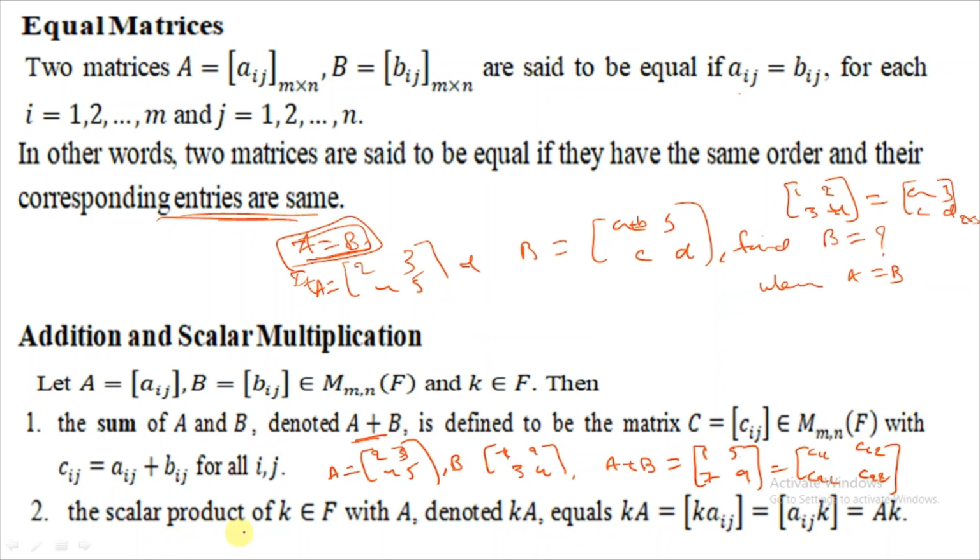So, scalar multiplication. The scalar product of k belonging to F with A, where k is any number in the field, denoted by kA, equals k into Aij. kA is the same as A into k. Both are the same. That means each element we are multiplying.